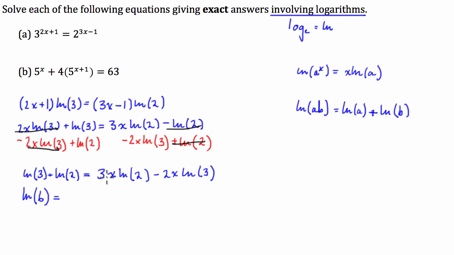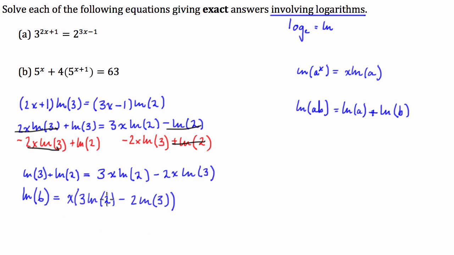Now, we're going to factorize this side here. This is quite a common thing. If we've got x's in both expressions, but we have different logarithms and so we can't add or subtract them, we're just going to factorize by x. So we have x times 3 ln 2 minus 2 ln 3.